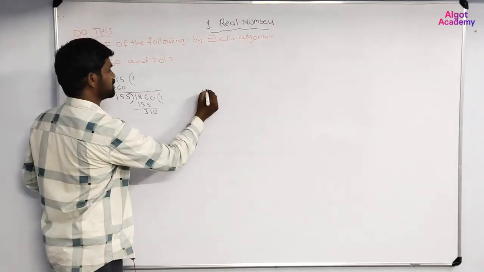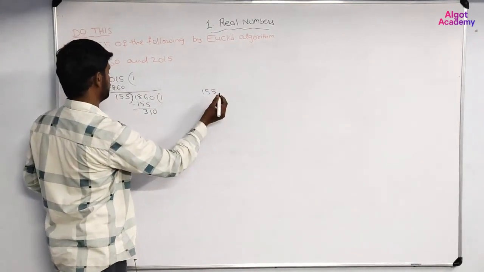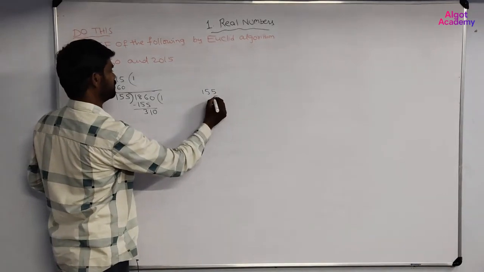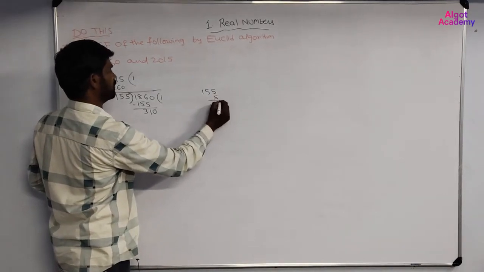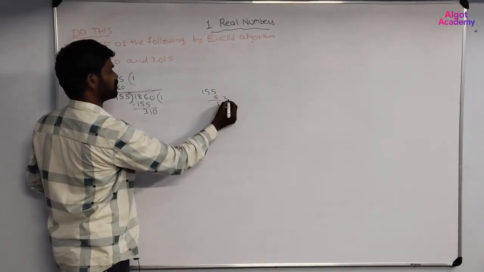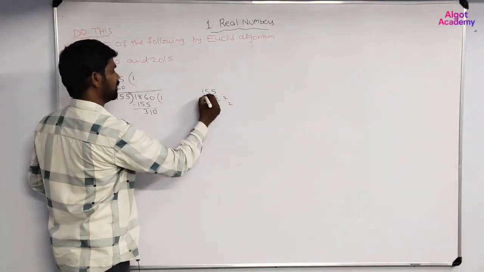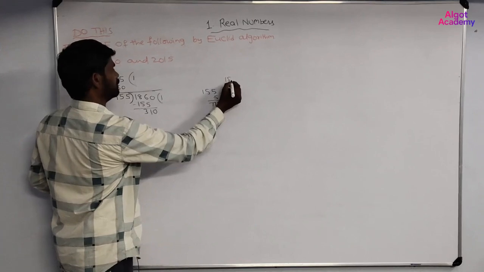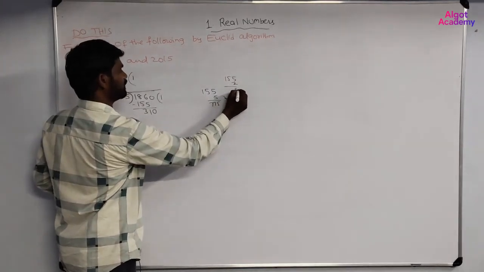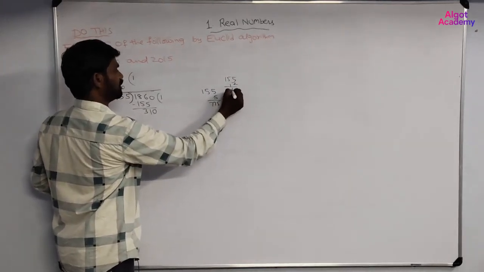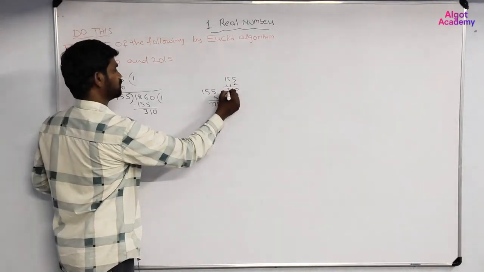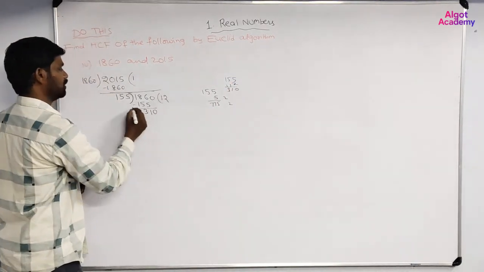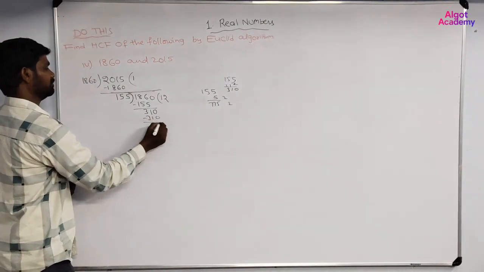Next, let us check 155 times 5s. 5 fives are 25, 5 fives are 25 plus 2, 27, 5 ones are 5, 7. So 155 times 2s: 2 fives are 10, 2 ones are 2, 3. So it is 3, 10.